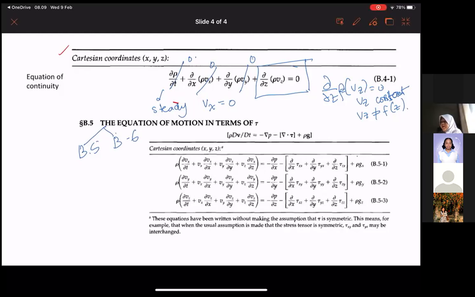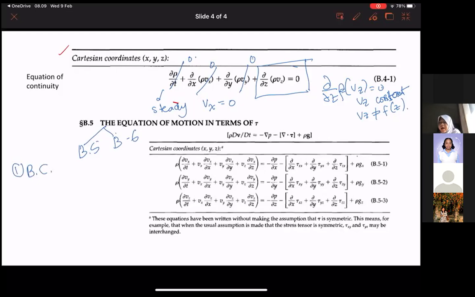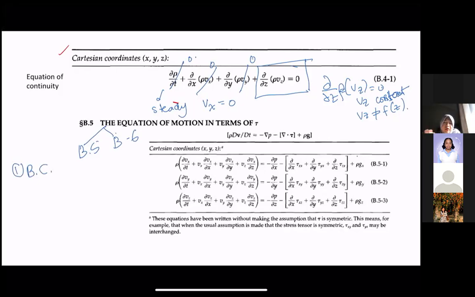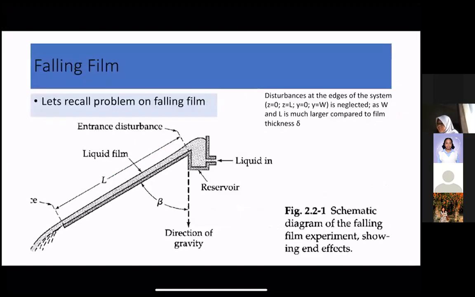First you have to identify the boundary conditions around your phenomena or around your system, and then identify which boundary conditions are available. So if we go back to here, we know that this is the Cartesian coordinate, this is x, this is z. We know that at x equal to 0, do you remember what the boundary condition is when x equals 0?